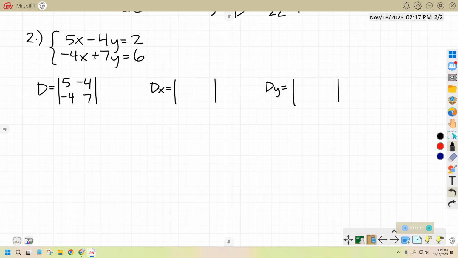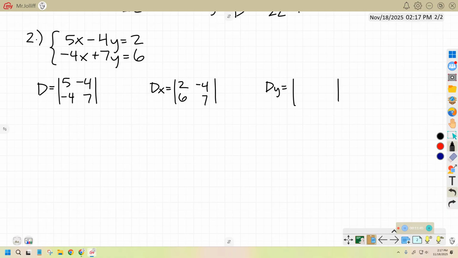Next table. Lucero, can you tell me what our dx determinant is going to look like? Can I get a thumbs up if we agree? Very good. Replacing the x column with the constants at the end. Very good.